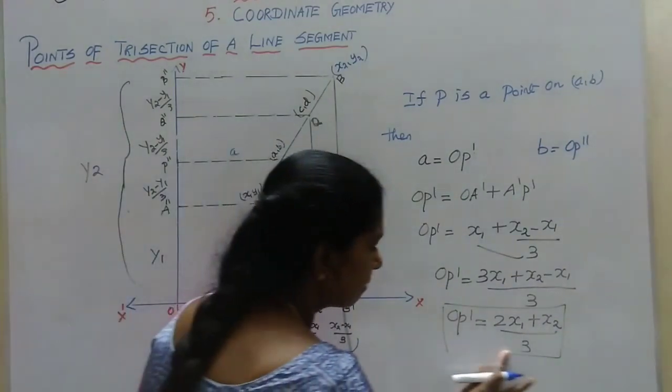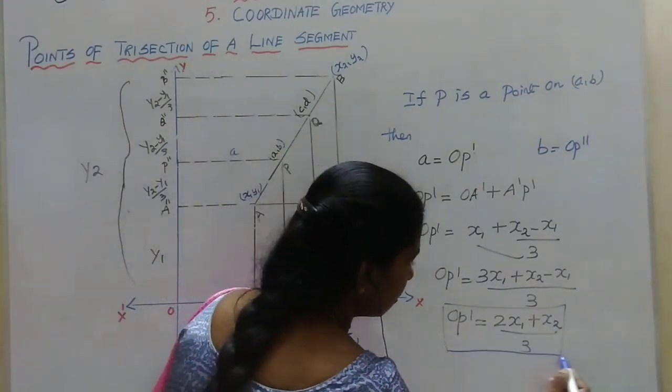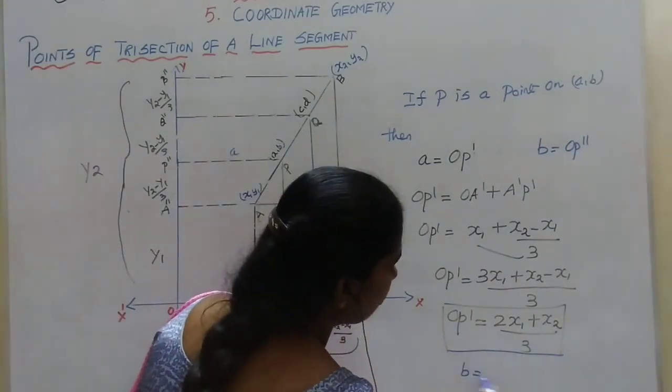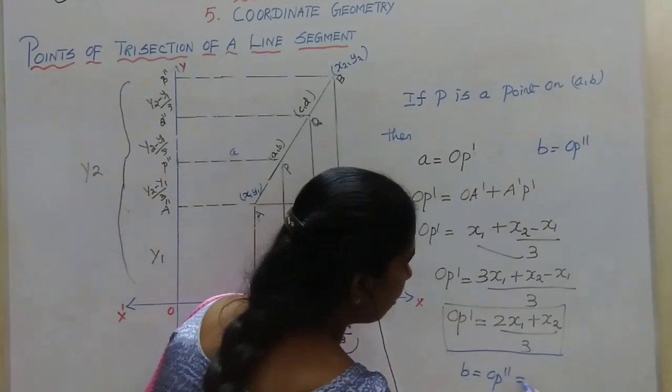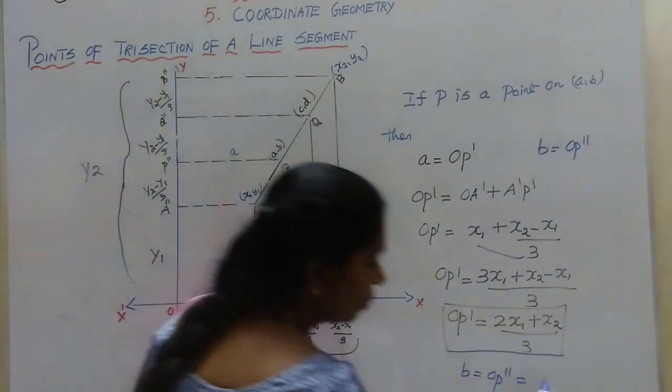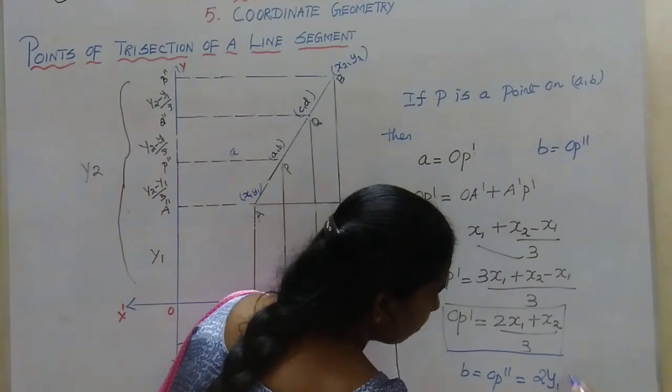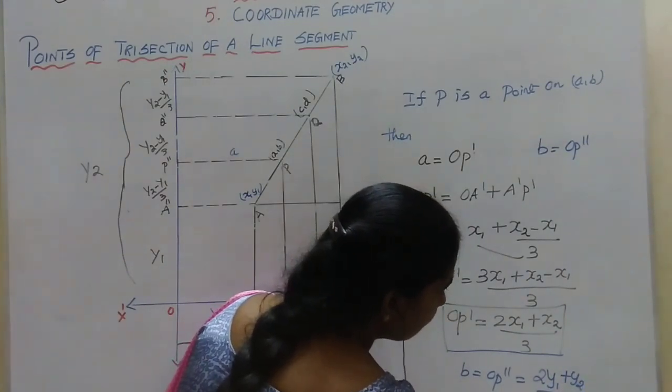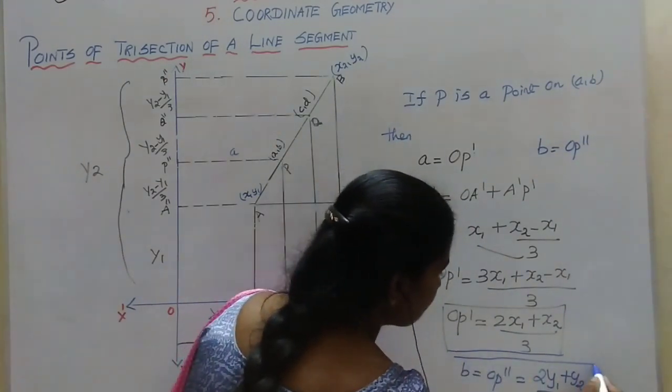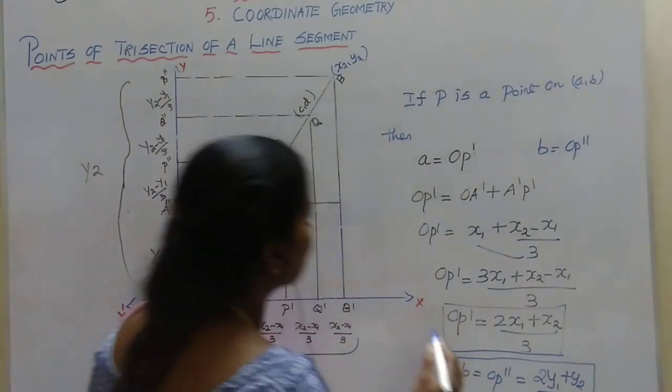So for B equal to OP double dash, the formula becomes 2y1 plus y2 by 3. This is the point of trisection of the first point.